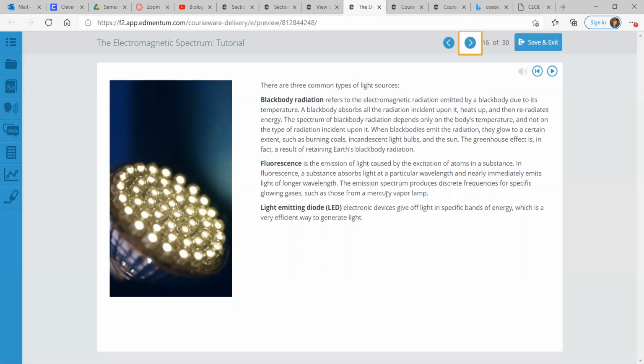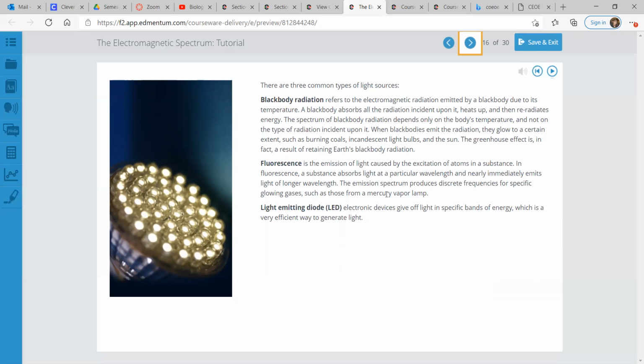The spectrum of black body radiation depends only on the body's temperature and not on the type of radiation incident upon it. When black bodies emit the radiation, they glow to a certain extent, such as burning coals, incandescent light bulbs, and the sun. The greenhouse effect is, in fact, a result of retaining Earth's black body radiation.